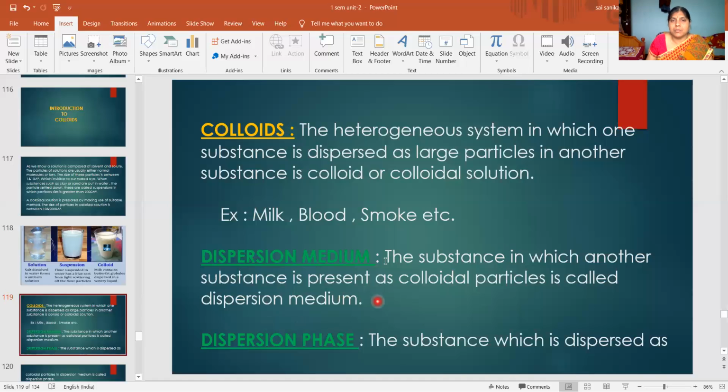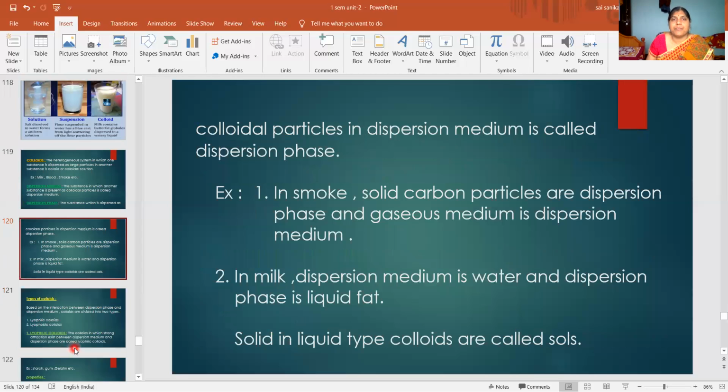So dispersion medium is comparable to solvent. In a solution it is the solvent; here it is the dispersion medium. The dispersion phase is the substance which is dispersed as colloidal particles in the dispersion medium. The substance which is dispersing, which is present in the dispersion medium, is called the dispersion phase. This is the same as solute particles.